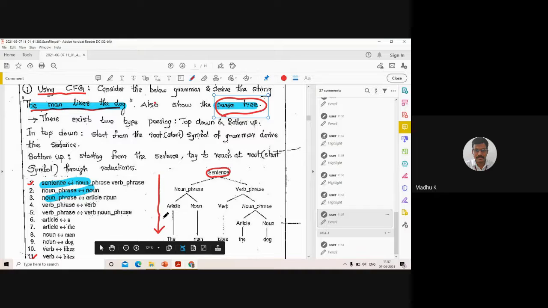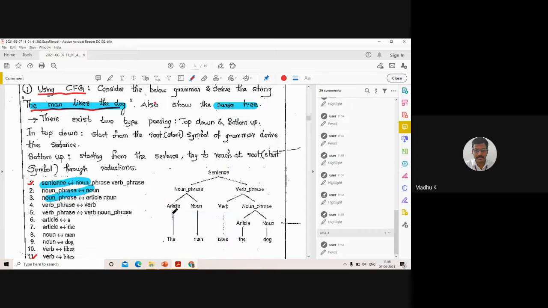We start from the root, replace the symbols using the corresponding productions, and derive the string in a top to bottom fashion. This is called the top-down approach.